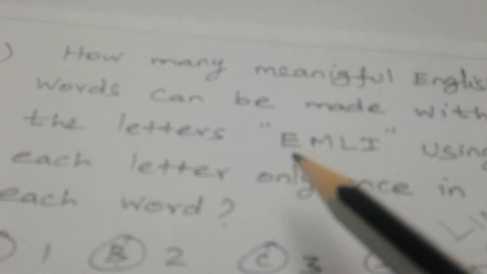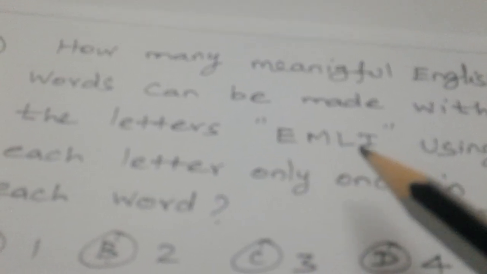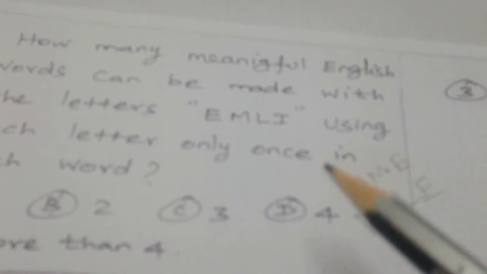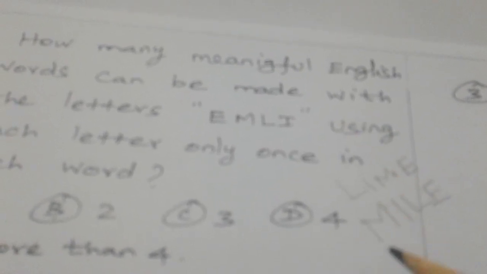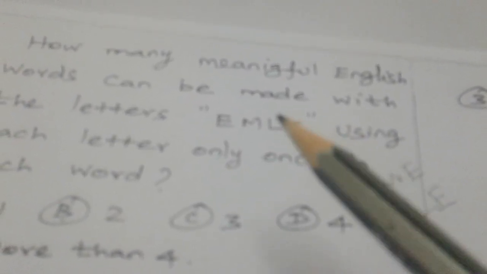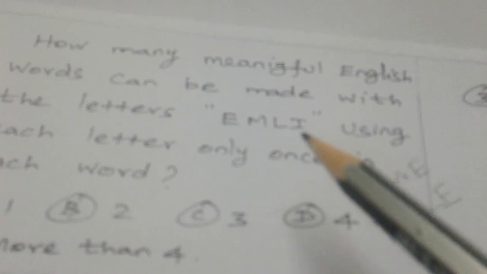The letters EMLI make two meaningful English words. The first one is LIME, and the second is MILE. So two meaningful English words can be made from EMLI, and the correct option is B, that is 2.